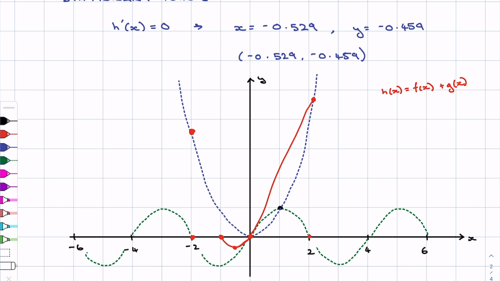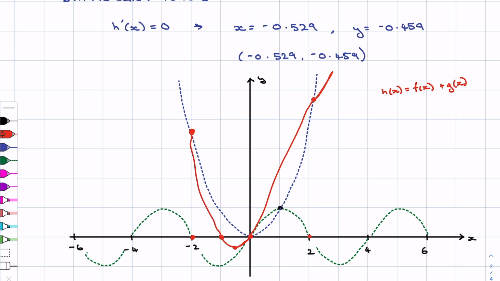When I consider this region here, g(x) is negative. Therefore, h(x) has to be less than f(x), which would make sense. Likewise, if I consider this region here, g(x) is negative, that means that h(x) has to be less than f(x).